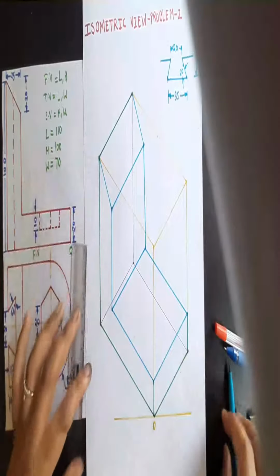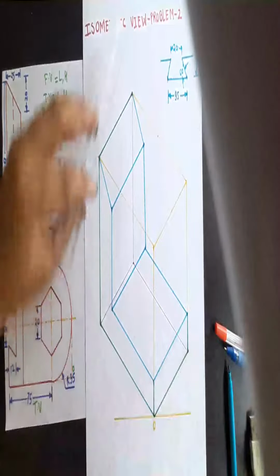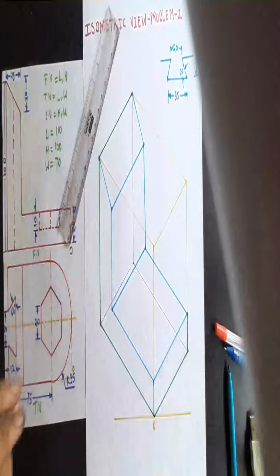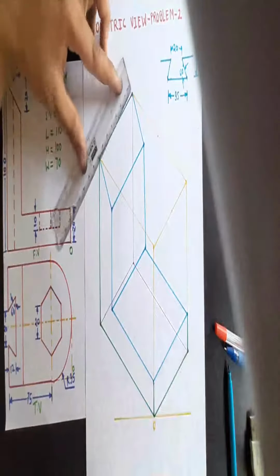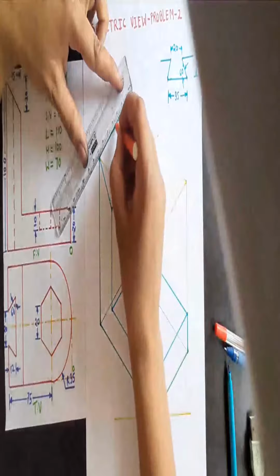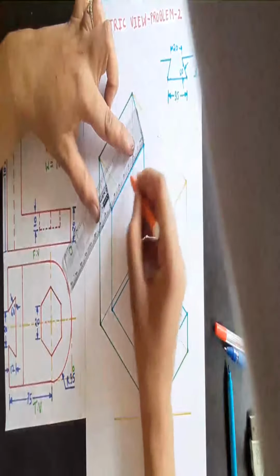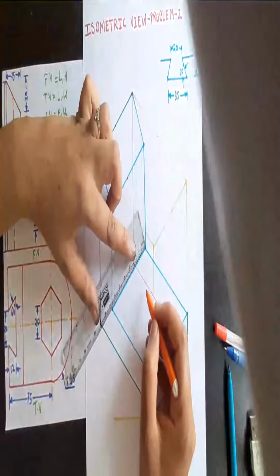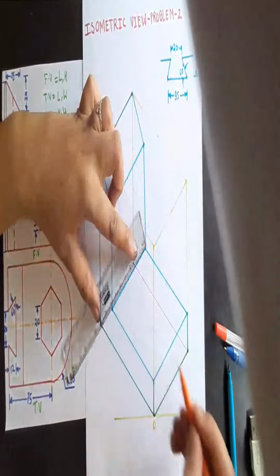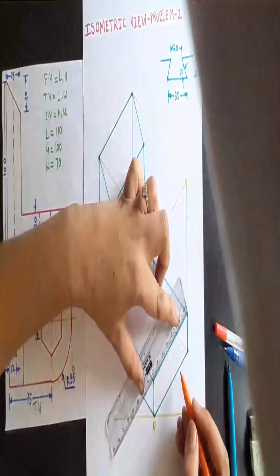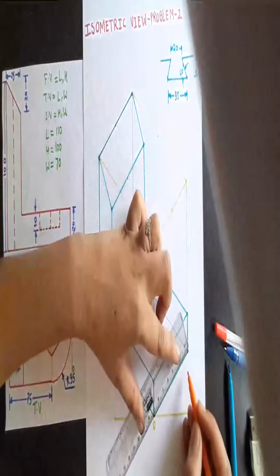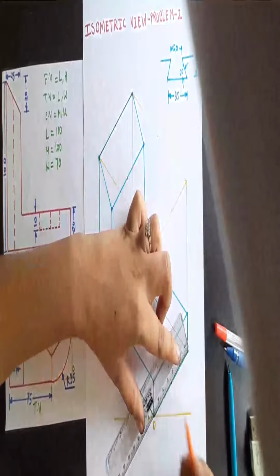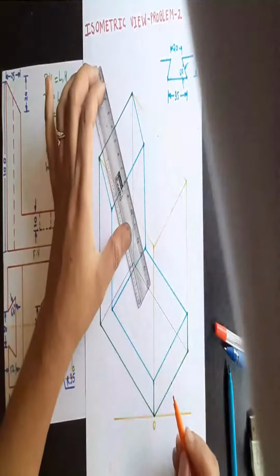Let me mark the midpoint of each width, as the symmetric line cuts the width along its midpoint, so I can draw the symmetric line easily.